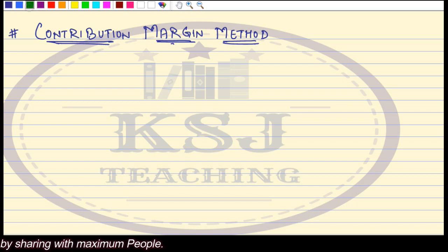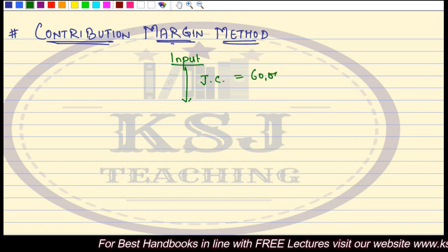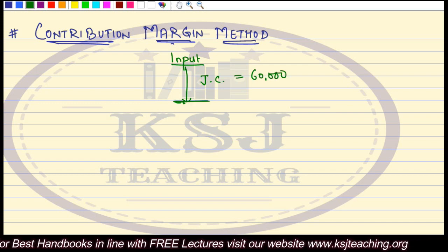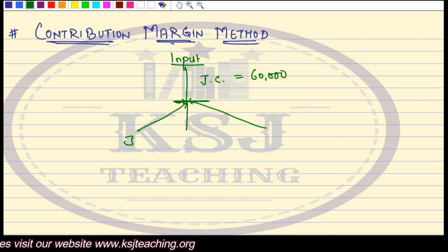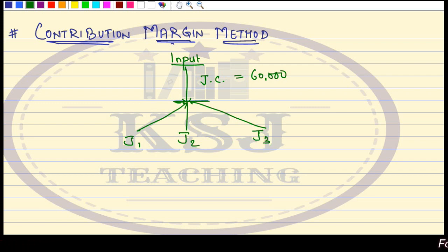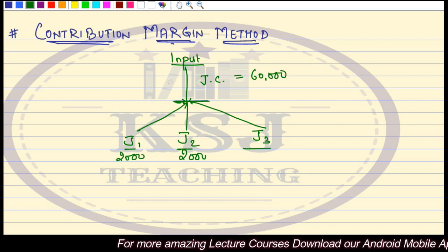We say that we have some input, and on that we have incurred a joint cost of say 60,000 rupees. From here, this is the split off point. From the split off point, you are getting the three products, that is J1, J2 and J3, say 2000, 2000 and 2000.